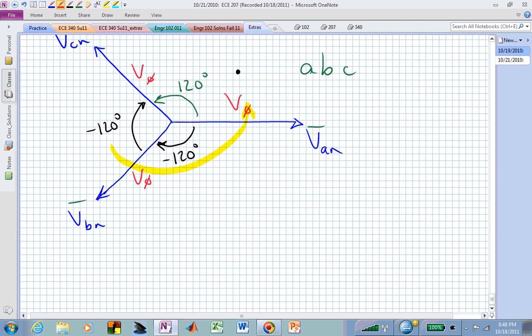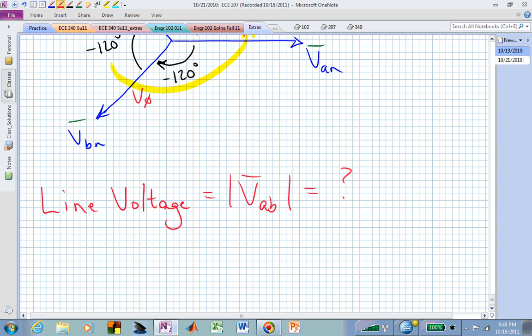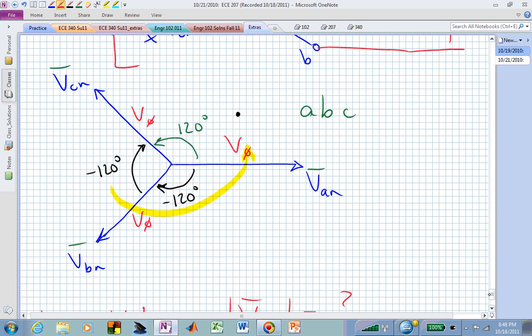Let's now compute this line voltage, and let's find its magnitude after we find its complex value, and compare that with the phase voltage, which is the length of each of these vectors in the phase voltage configuration.